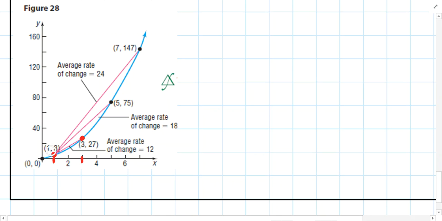We're not talking about the specific location of this guy, 1, 3. That just happens to be a coincidence that they're the same number. But instead, what we're worried about is the slope of this red line, this secant line. If I were to extend that, we would see that this red line touches the graph in two spots locally here. So we'd like to know what the steepness of that line is.